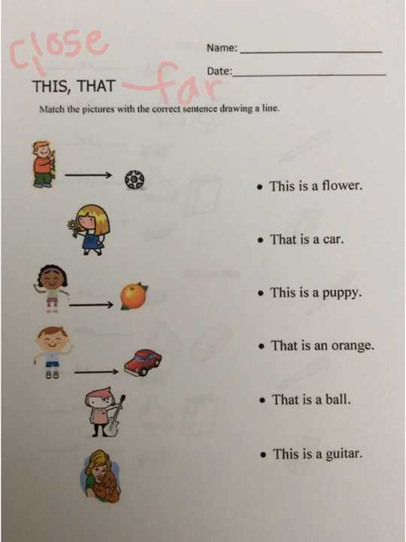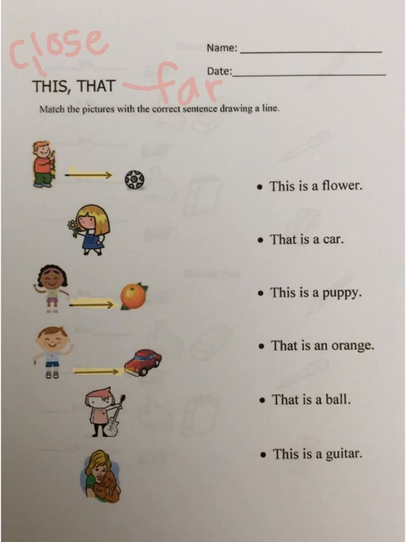Far. Okay, this is close and that is far. I'm going to read the sentences and then we'll decide which picture goes with what. And I'm noticing they have arrows. Do you see that right here? They have arrows showing that something is far away. So that's a big clue.